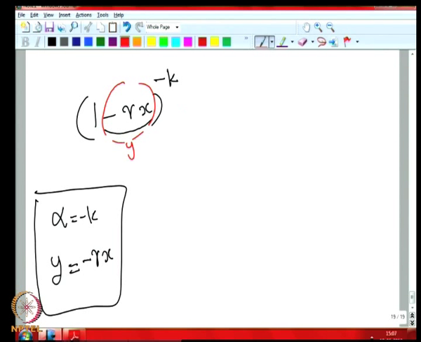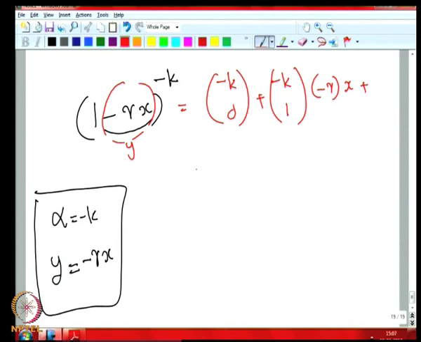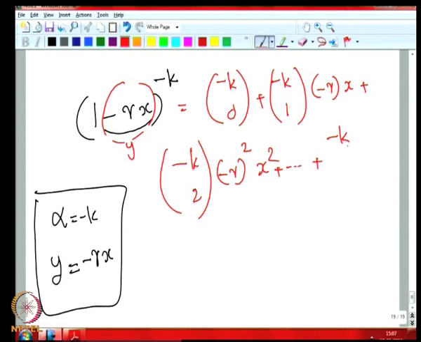Now, this will become minus k choose 0 plus minus k choose 1 into minus r into x, right, plus next is minus k choose 2 into minus r square into x square and so on, and the general term is minus k choose n into minus r raised to n into x raised to n. This is the general term.